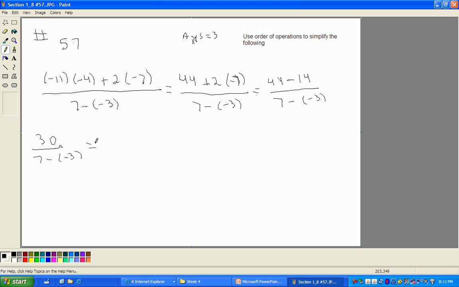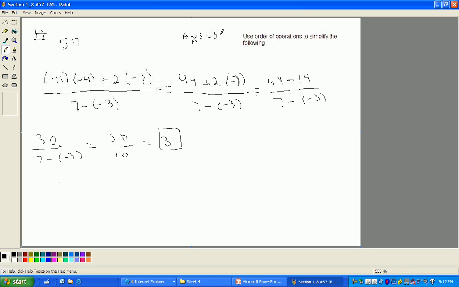Now we can finally do the subtraction on the bottom, and we end up with 30 on top, divided by 7 minus a negative 3, which gives us a positive 10. The last thing we need to do is divide 30 by 10. That's equal to 3. So this is our final answer.